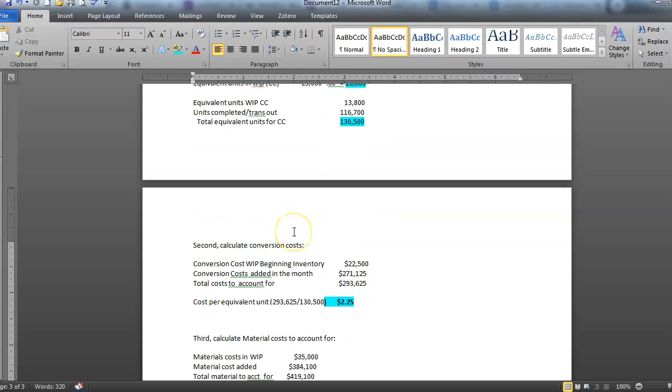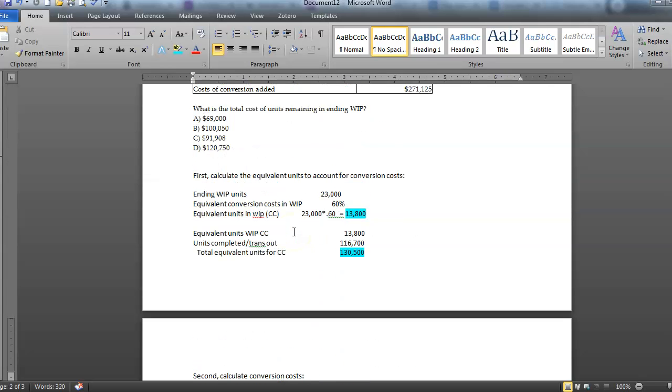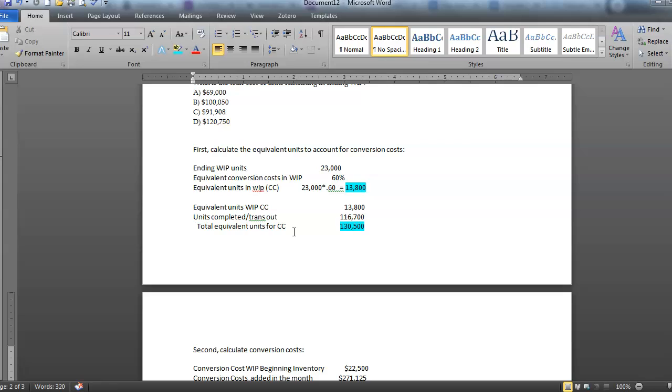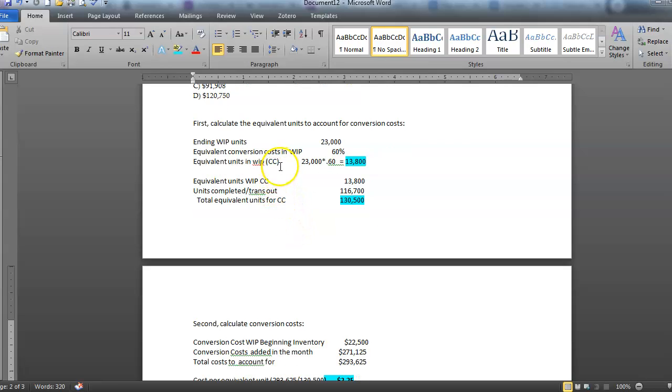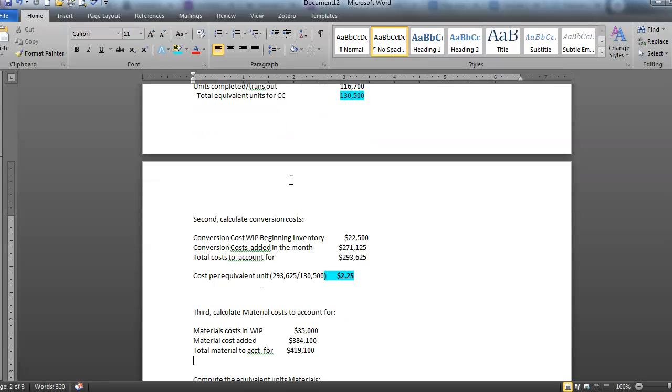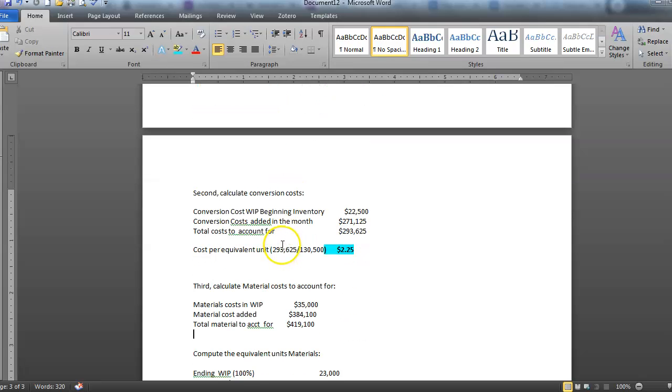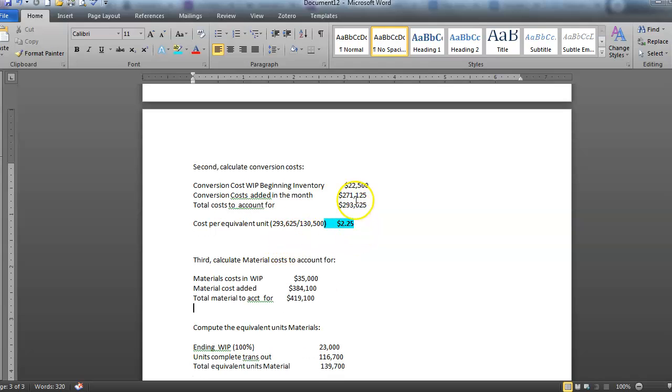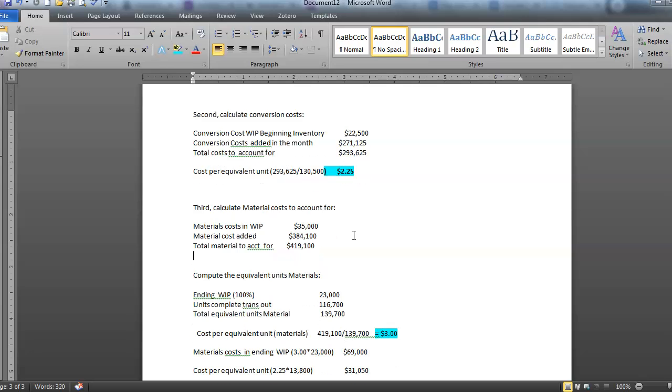My hope with this example, breaking it into pieces like this, is that you can see how I had to calculate the equivalent units, and then the units themselves and the costs associated with them. And you can see here the costs. By taking the two and dividing them together, I was easily able to get the cost per equivalent unit.